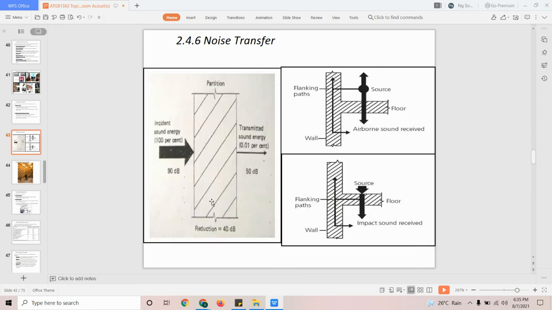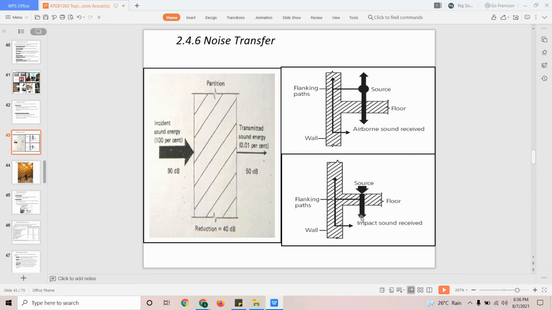So when it comes to noise transfer, if it's an airborne sound, it has to travel through the air and then go through the building material. But if it's an impact, then it will be a direct force to your building. Usually what we experience everywhere will be airborne sound.